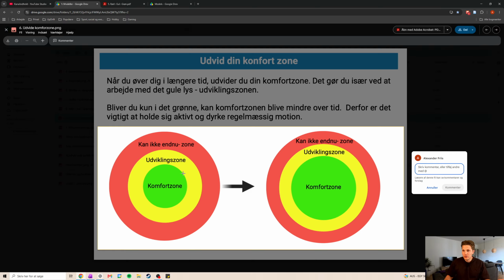And this just illustrates what I just said. When we work in our growth zone, over time, our comfort zone will increase, which means the things that were difficult before will become less difficult over time. Again, going back to the marathon metaphor, if you want to run a marathon, you have to practice running a marathon.